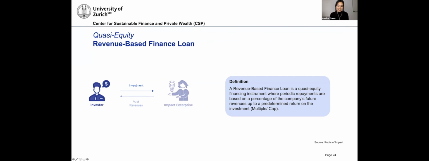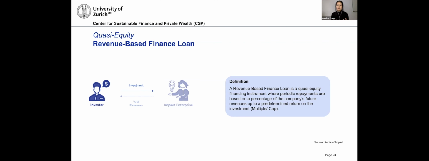So the investor receives a percentage of the revenue, say around 5% of the company's future revenue. So the investor receives regular revenue shares until a certain pre-agreed amount, which can range between 2 to 5 times the original amount invested. However, these revenue shares can vary a lot depending on the company.